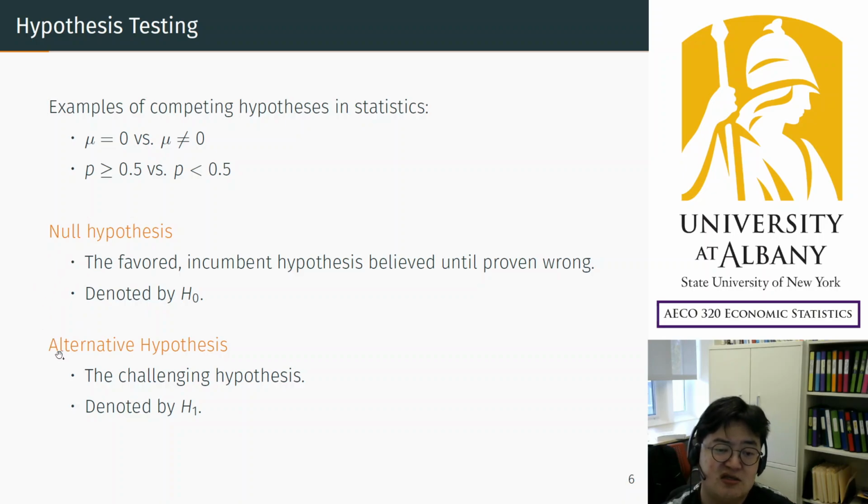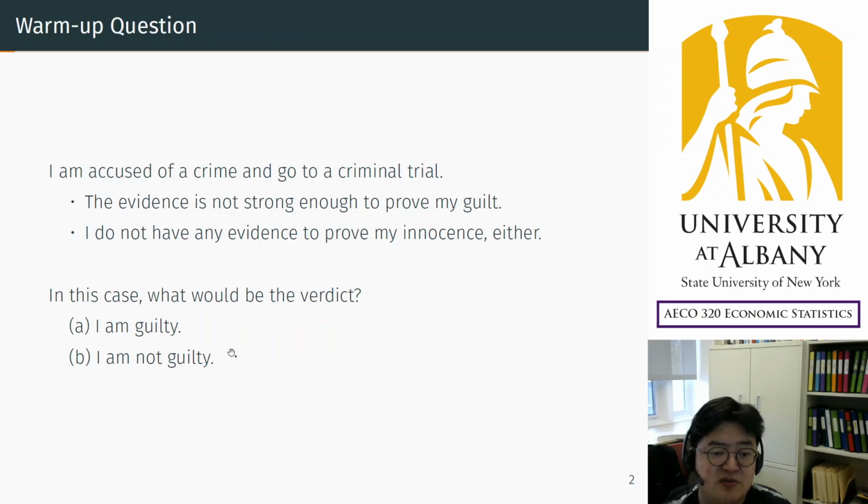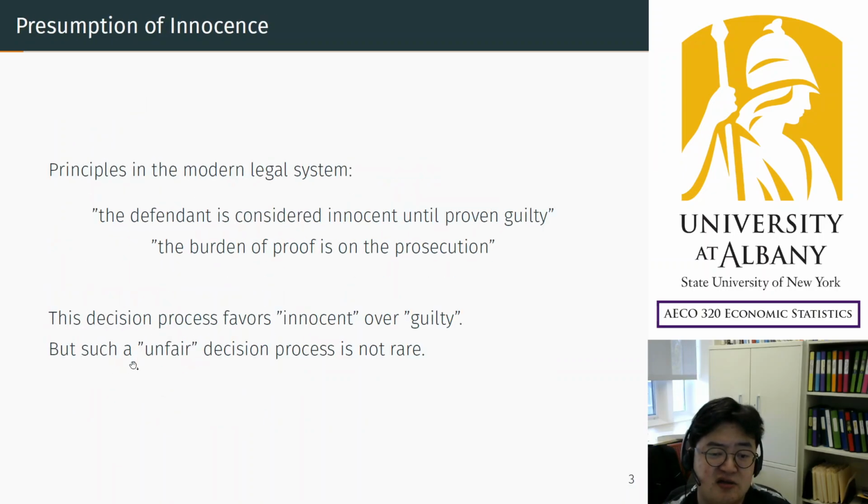So literally it is the challenging hypothesis that will replace the existing one if the existing one is wrong. And we denote it as hypothesis subscript 1, right? So exactly all these frameworks are similar. I am not guilty.